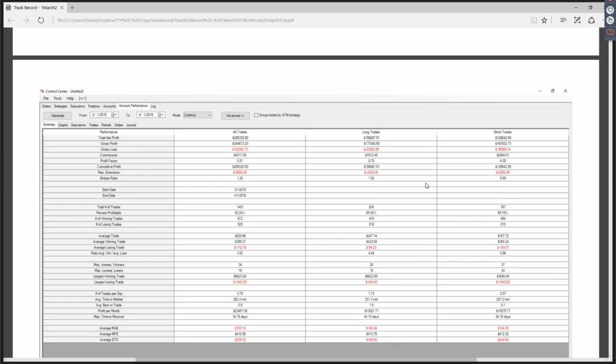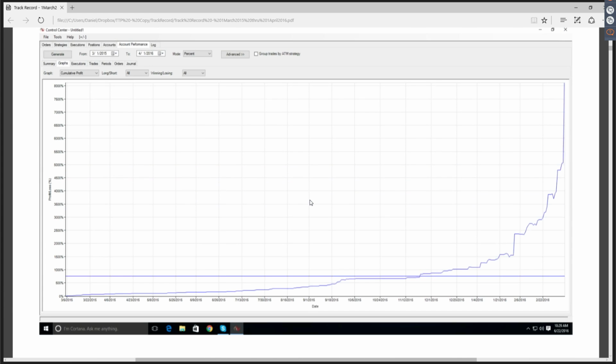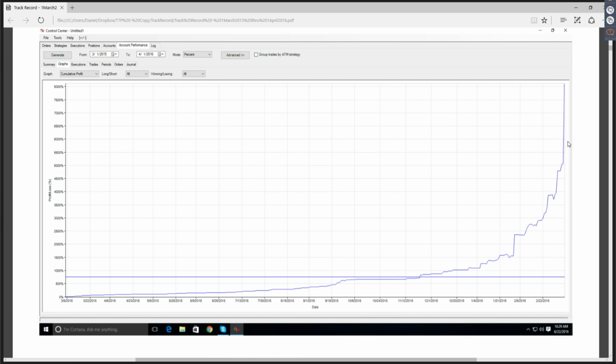So I started with a $10,000 account on March 1st, 2015, and then traded this to April 1st, 2016. It's ridiculous. I mean, it's $285,000 in 13 months from a $10,000 account. And that's trading these methods. Who would believe that? Nobody would believe that.